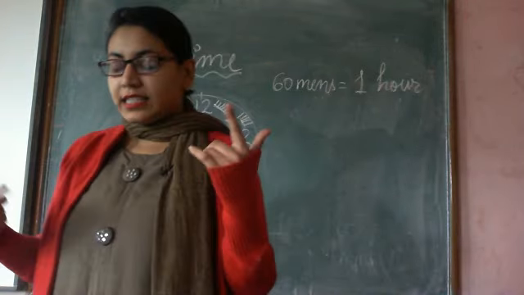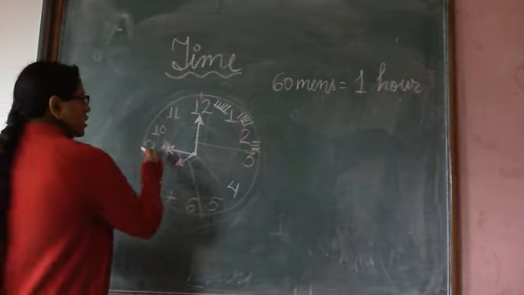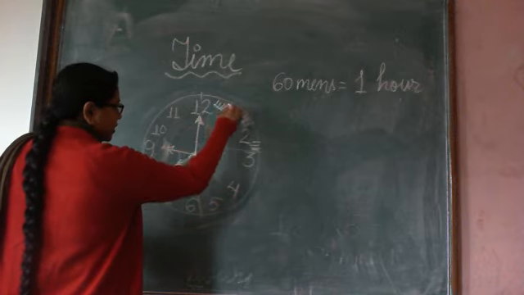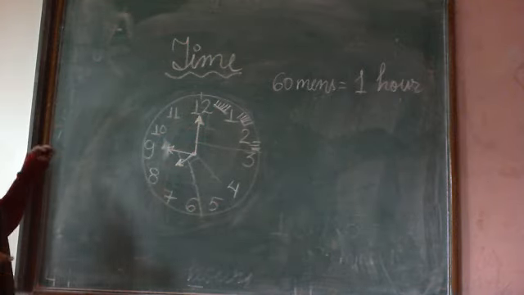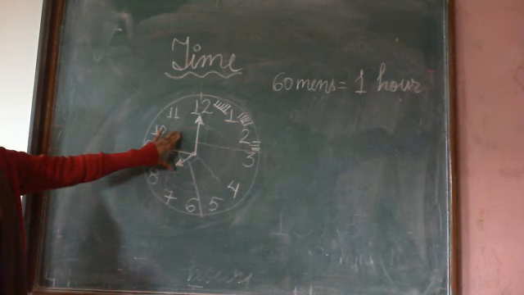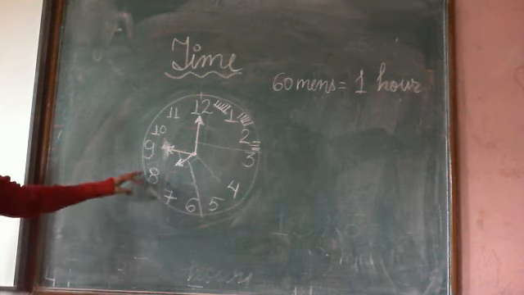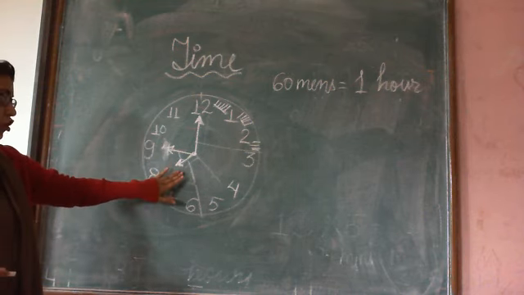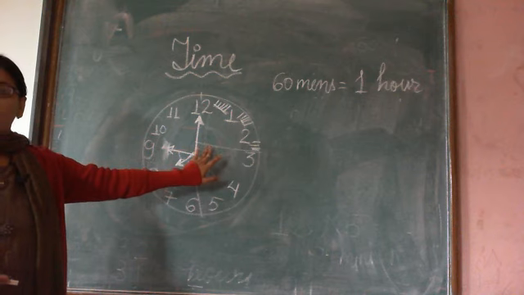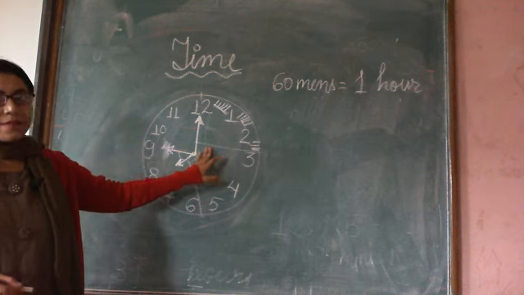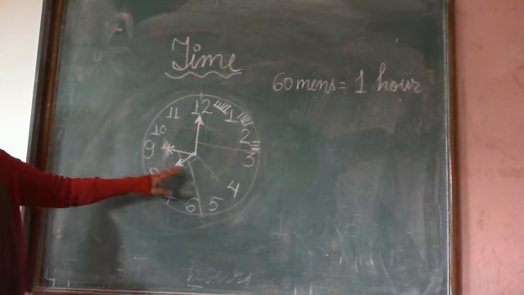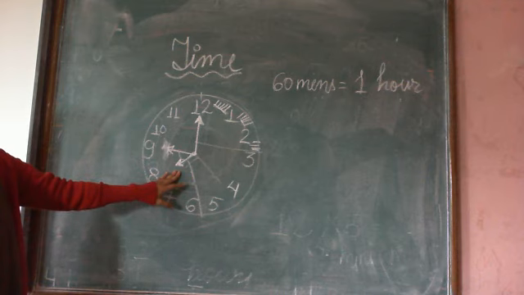So once again let's revise. The round or circle shape where all the numerals are lying is called the dial or face of the clock. There are 2 major hands, the short hand and the long hand. The long hand is called the minute hand, it shows minutes, and the short hand is the hour hand, it shows hours.